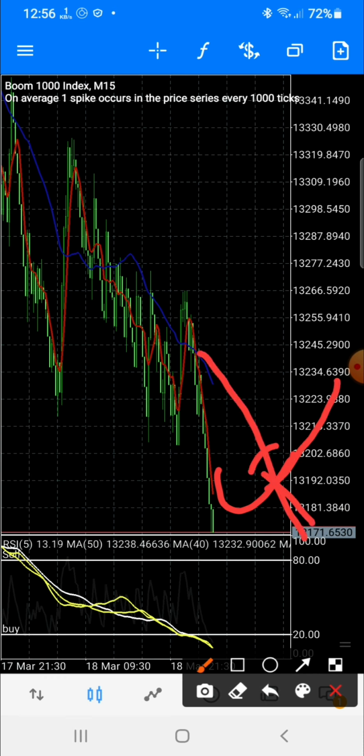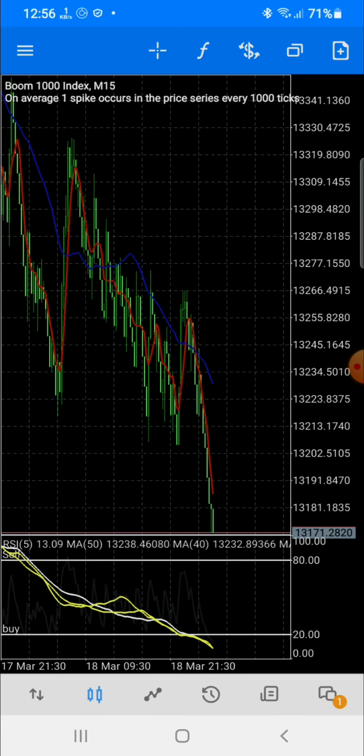When you get any crossing at the lower lows on your main chart, and of course the RSI is already pointing a buy at the 20 level, you take a buy. Vice versa for a sell: when it's crossing at the higher highs and the moving averages on your RSI are saying a sell at the 80 level, you take a sell.